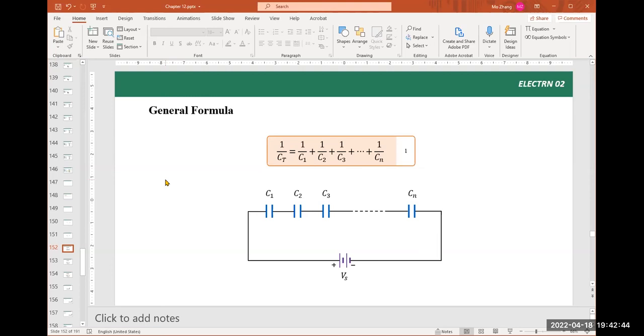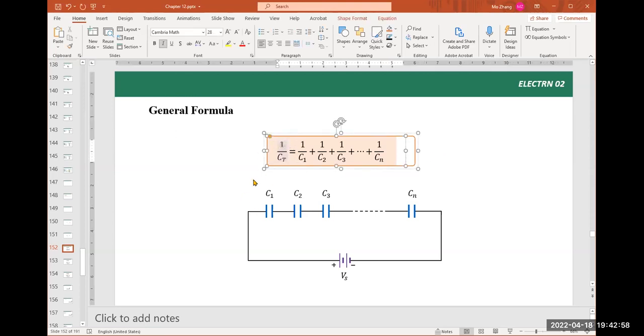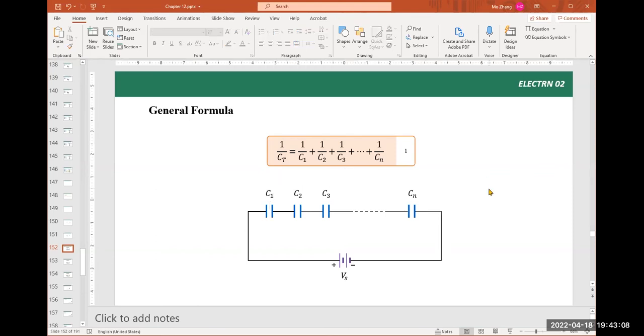We have seen this before when we learned about resistors connected in parallel, and now we have this reciprocal formula. 1 over the total capacitance is the sum of the reciprocals of every capacitor, and then we find the sum of the terms.